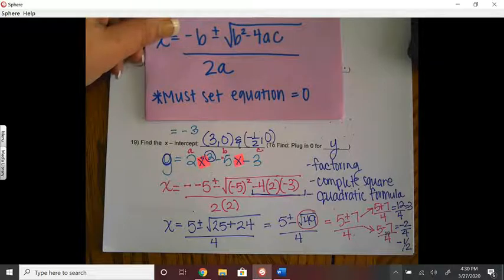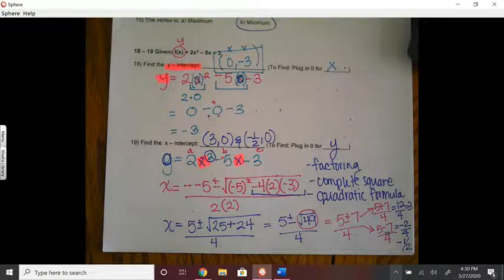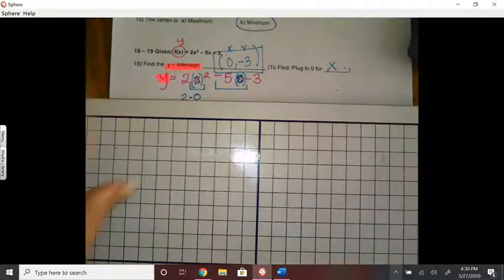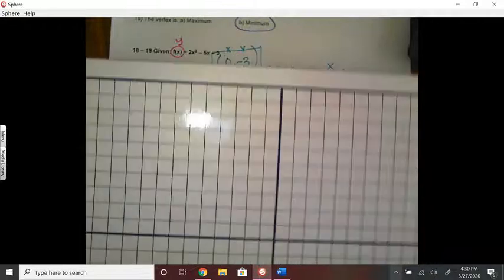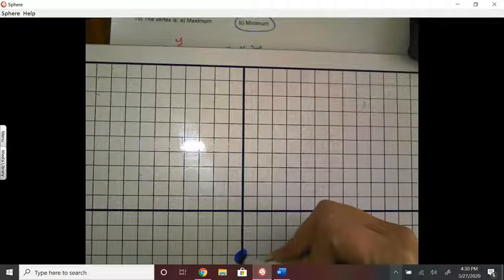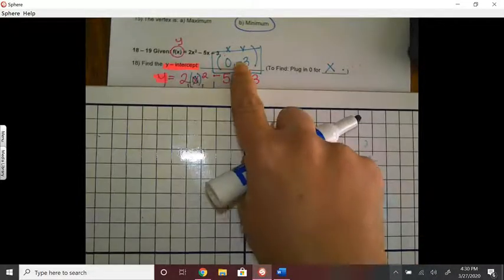So what we just found here was, if we were asked to graph this, where the function crosses the y and the x-axis. This equation right here is not in vertex form, so we can't just look at it and know the vertex, but we know it crosses down here on the y-axis. That's what we found here. And then we know it crosses at 3, 0.